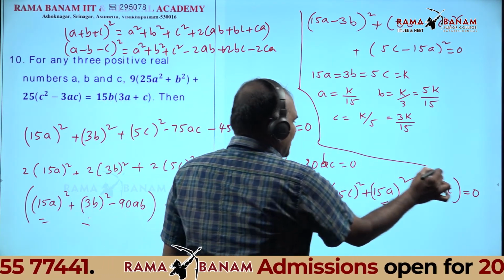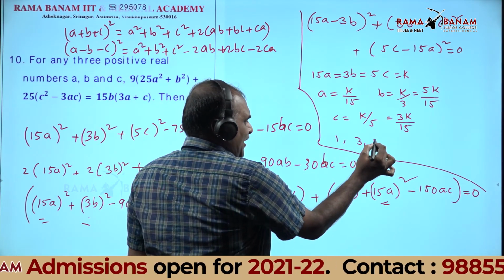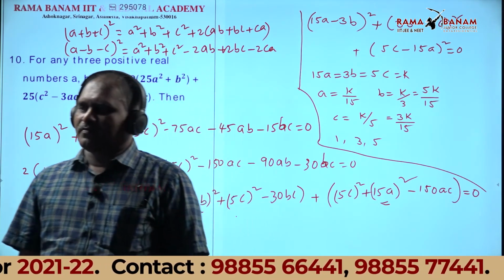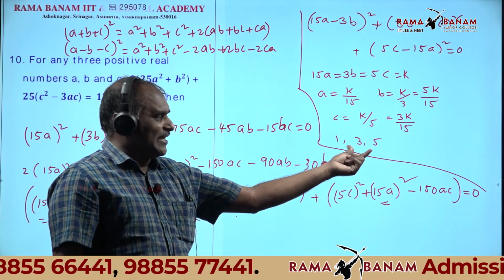Therefore, observe this one: 1, 3, 5. Which progression is this? Arithmetic progression, because the difference is the same.